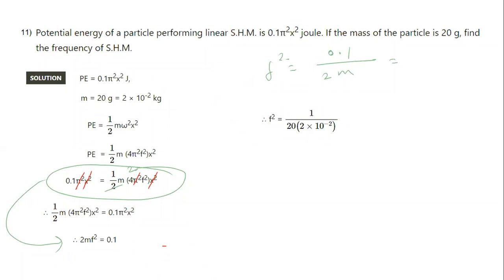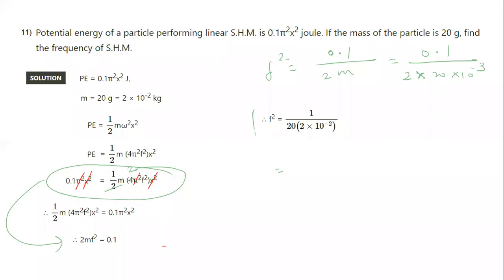So 0.1 divided by 2 into 20 into 10 raised to minus 3. That 20 into 10 raised to minus 3 we can write as 2 into 10 raised to minus 2. And this 0.1 we have written as 1. So here it is 20.